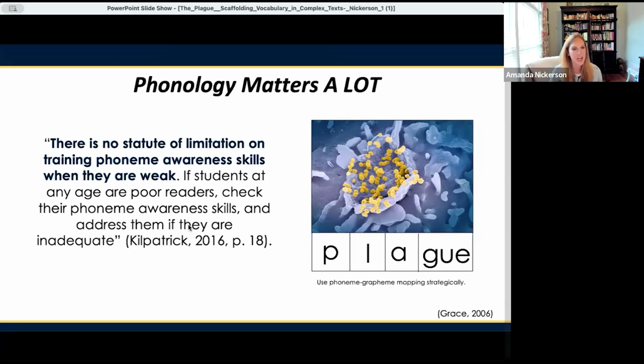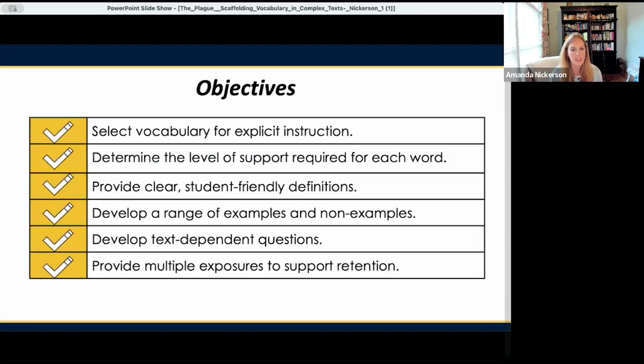So just a little nod here to the instruction that might need to happen, possibly in an intervention setting, but also can be used opportunistically by well-informed, well-trained teachers if there is a breakdown at that level within core instruction. So I folded the objectives in a little later into this presentation.